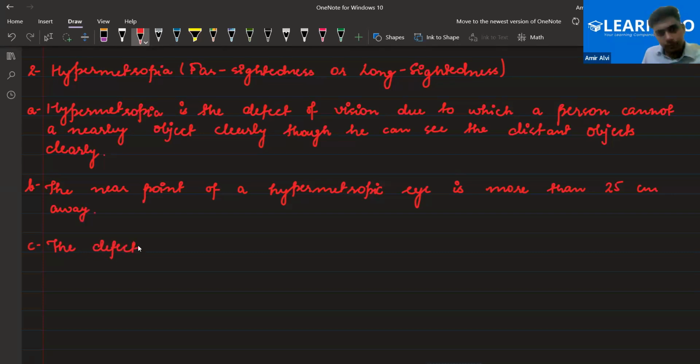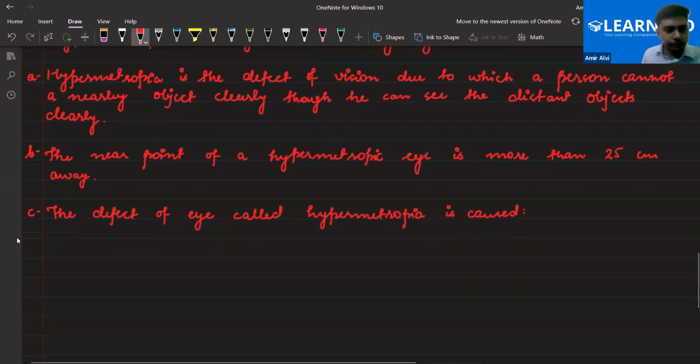The defect is caused when the converging power of the eye is decreased.